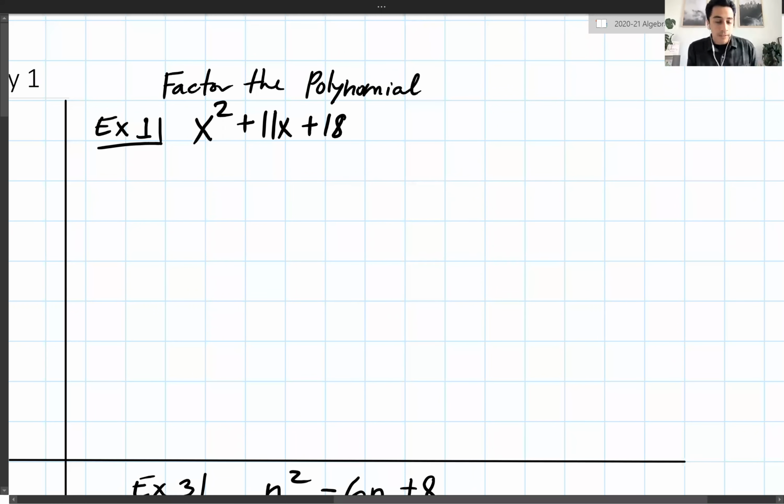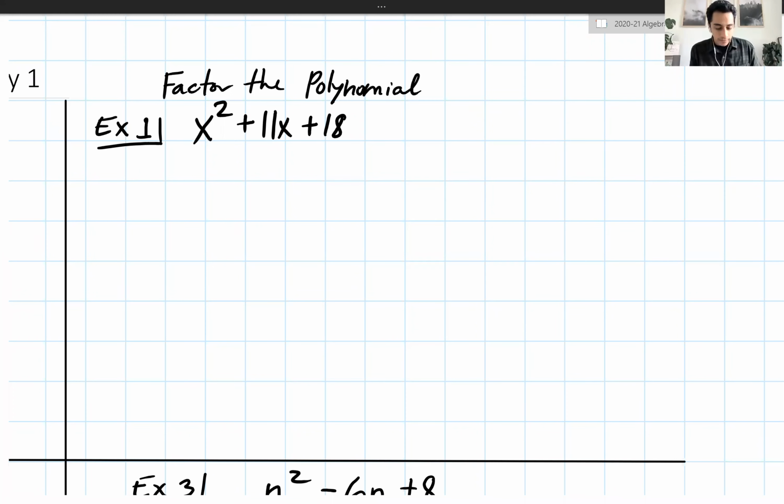All right, so we're going to factor this polynomial. We have x squared plus 11x plus 18. Whenever you factor a trinomial, it's basically a two-part question. The first part of the question is: I need numbers that multiply to be positive 18, and I need them to add up to be a positive 11.